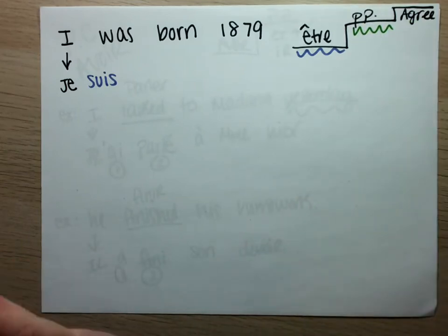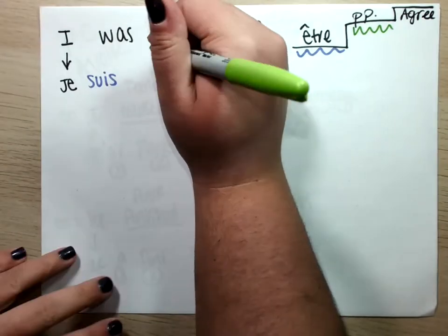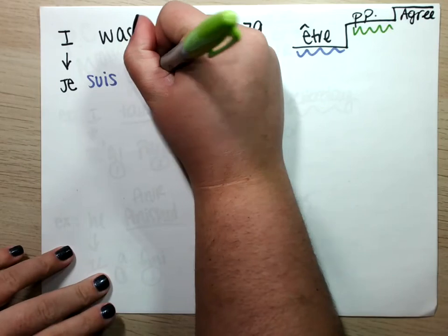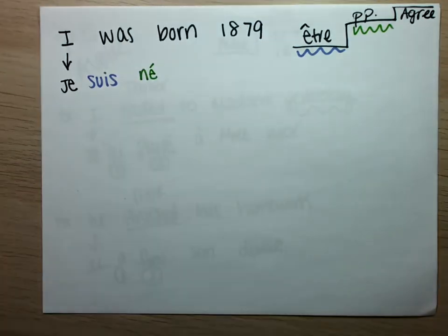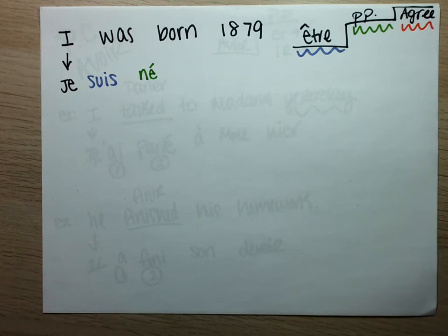Now remember, naître is irregular. So instead of it being naîtré, it's going to be né. So je suis né. Now we need to decide if we need to make an agreement. If you are a boy, then you are not going to make an agreement. However, if you are a girl, and I am a girl, so I'm going to make that agreement.